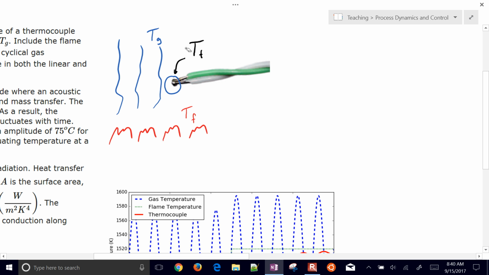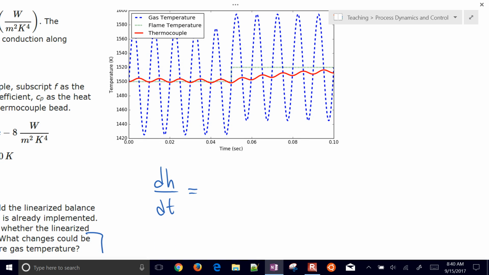So let's put together this energy balance. We have the in minus out, so we look at all of our energy terms and put that in terms of the in minus out value. So I'm going to say this is my heat transfer coefficient, I'll say this is the UA value, times temperature of gas minus temperature of the thermocouple.